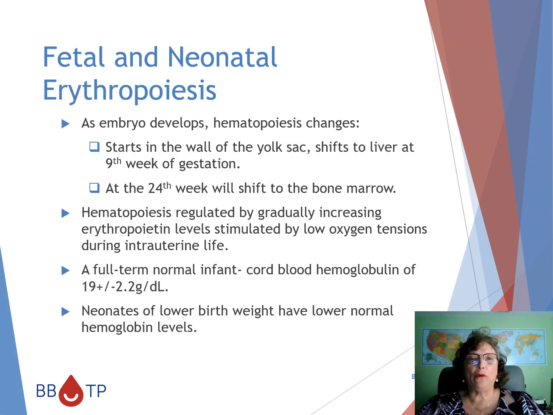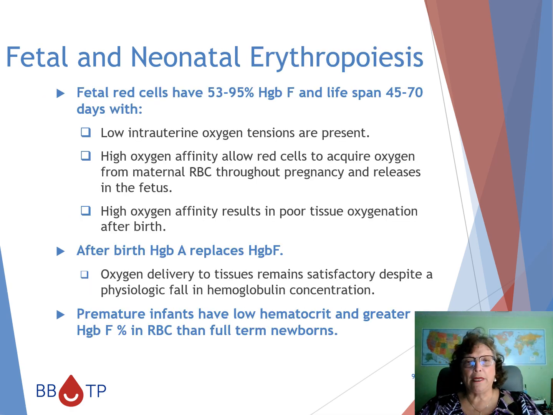And then at the 24th week, it will shift to the bone marrow. A full-term normal infant has a cord blood hemoglobin usually around 19 grams per deciliter, whereas a neonate of low birth weight will, of course, have a lower level. Fetal red cells have about 53 to 95% hemoglobin F and have a lifespan of about 45 to 70 days.